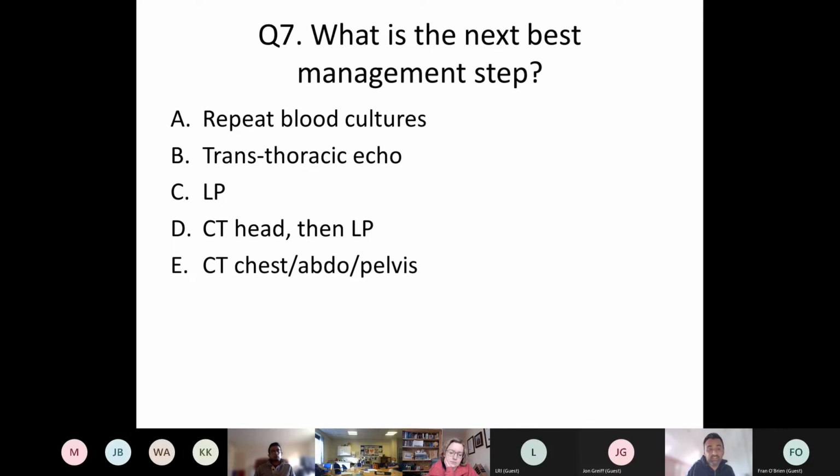With Neisseria, you can get invasive infection with bacteremia without meningitis, but I think he's got enough symptoms there, with that funny vasovagal episode and seizure-ish activity, to do the LP. The question is, would you do the CT head or not? And I think that is something that we need to think about, and I'll discuss.